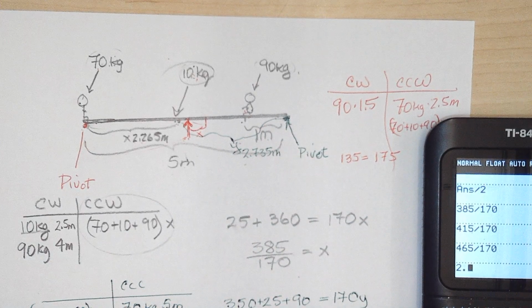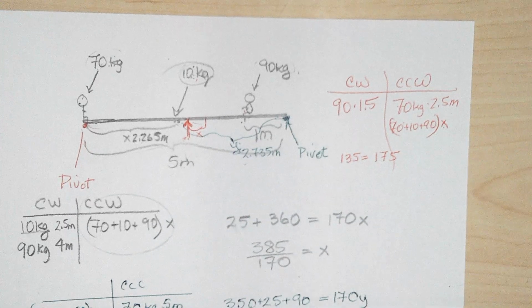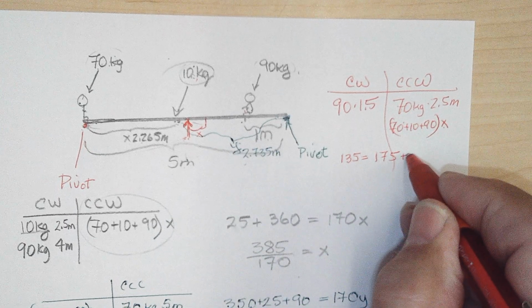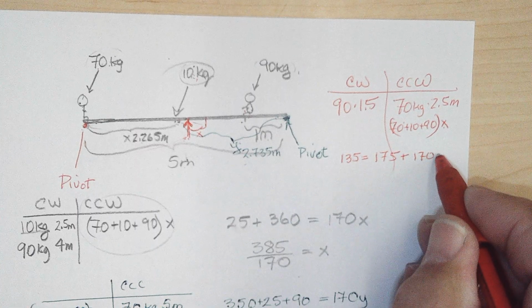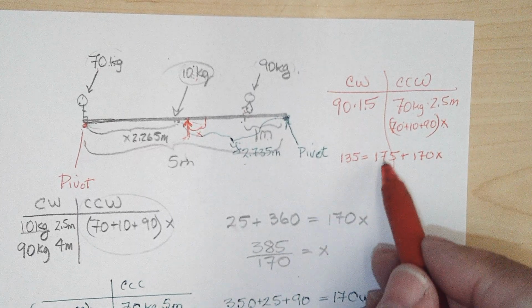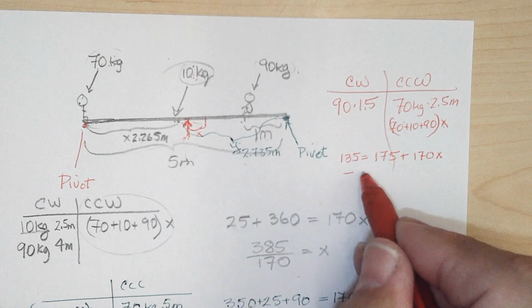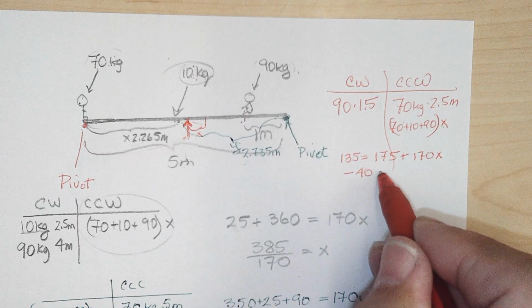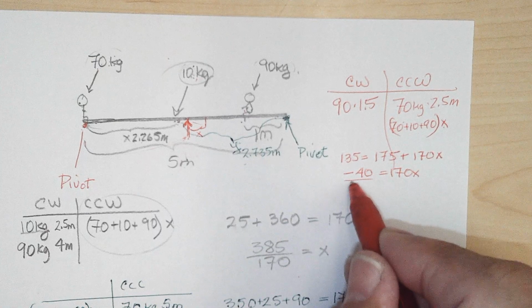Let's just check that. 2.5 times 70 is 175, yes. Plus, this is 170 times x. So if I subtract 135, I get negative 40 equals 170x. Divide by 170.